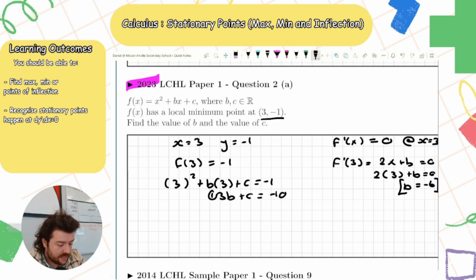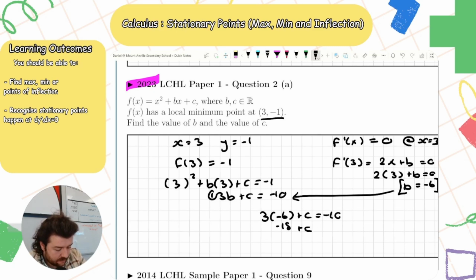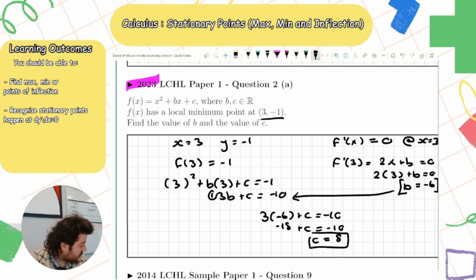Since b is equal to minus 6, shove it back in here. 3 times minus 6 plus c is equal to minus 10. Minus 18 plus c is equal to minus 10. c will be equal to minus 10 plus 18, which is 8. So b is minus 6 and c is 8.